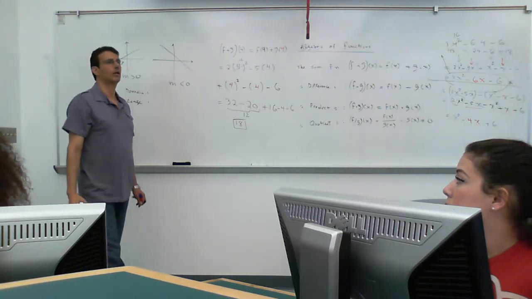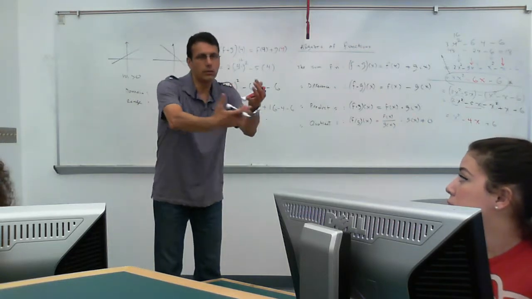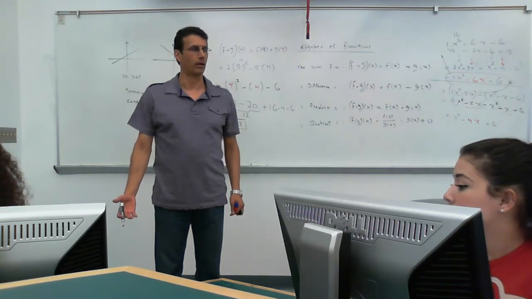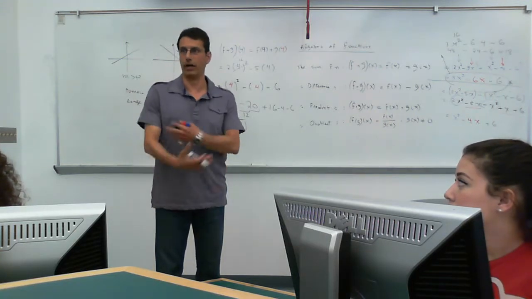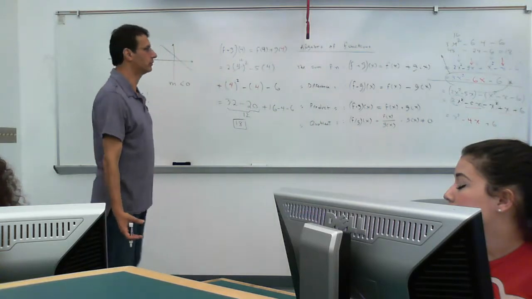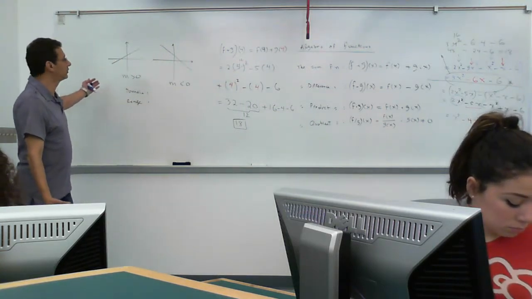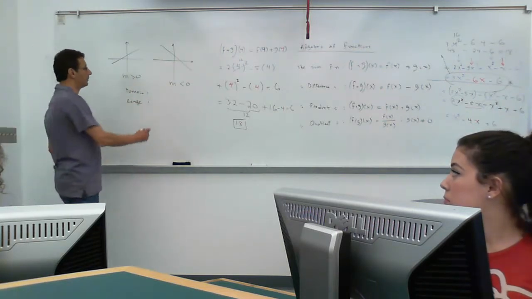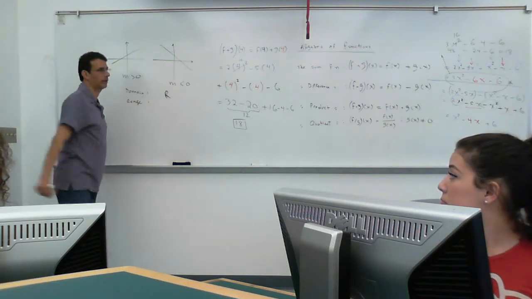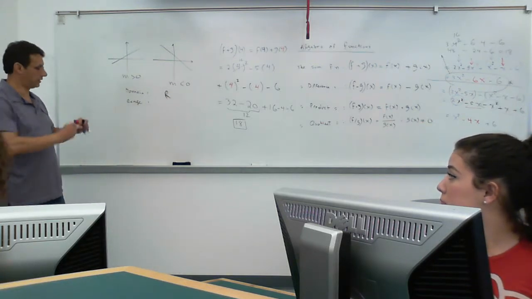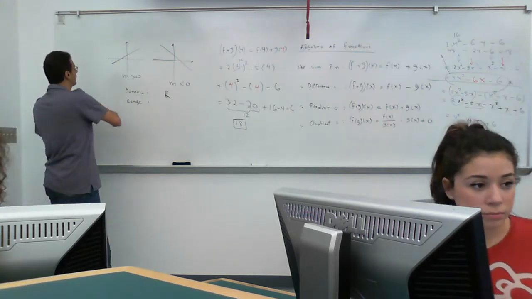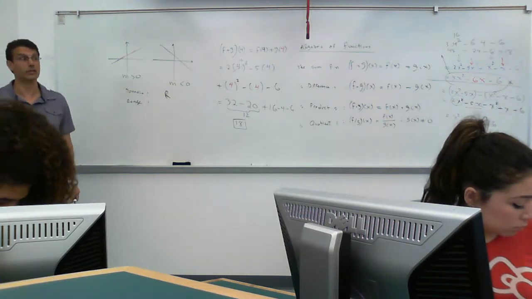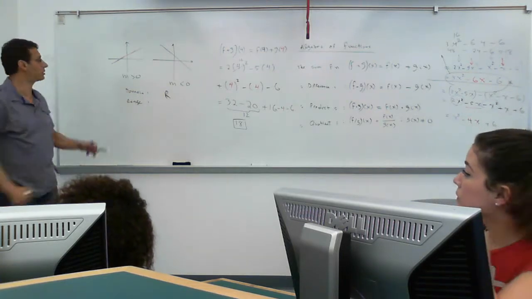Remember what I said? If there is a graph, just lay it along the x-axis. That becomes your domain. Lay it along the y-axis. That becomes your range. What do they cover along the x-axis, class? Do you see they cover everything? If you lay this line along the x-axis, it covers everything, meaning negative to positive infinity, right?